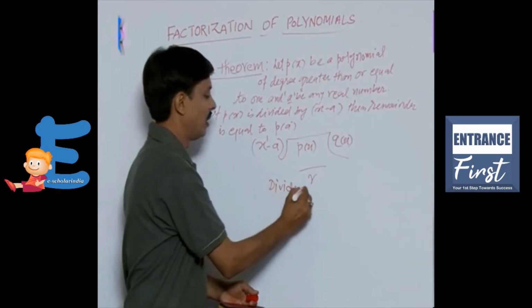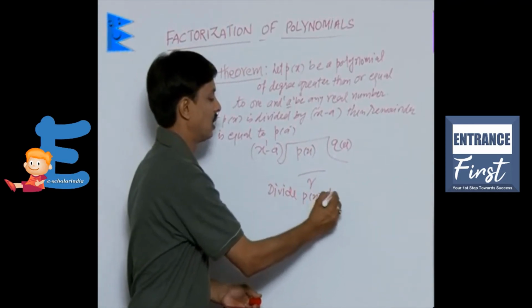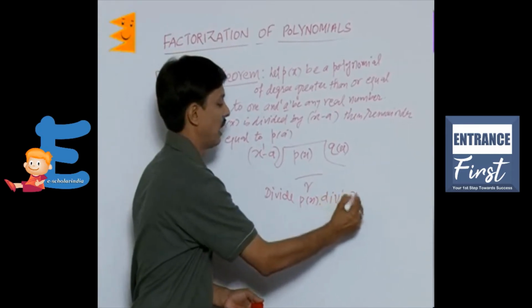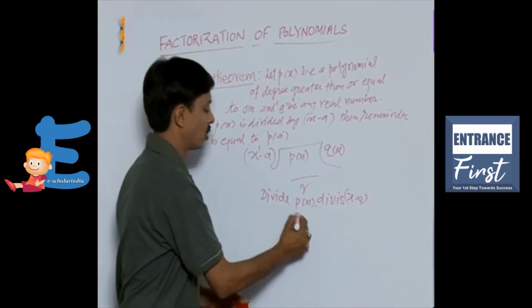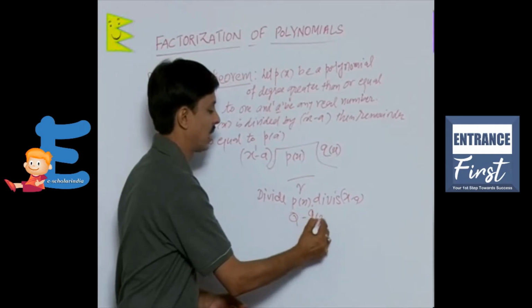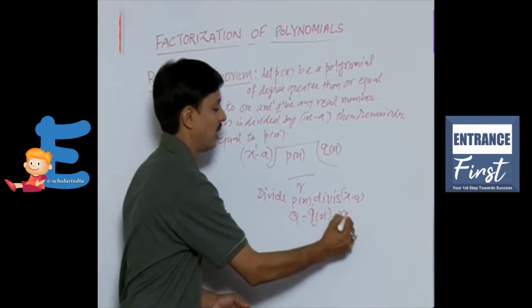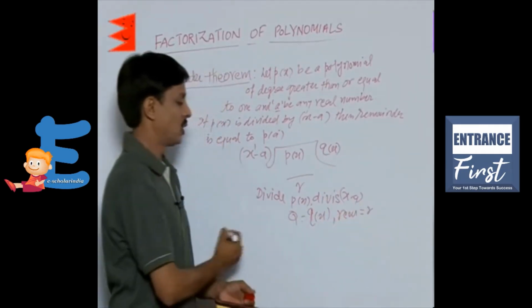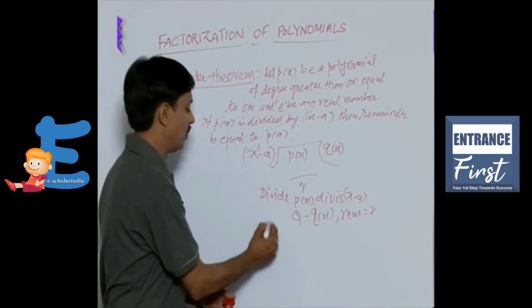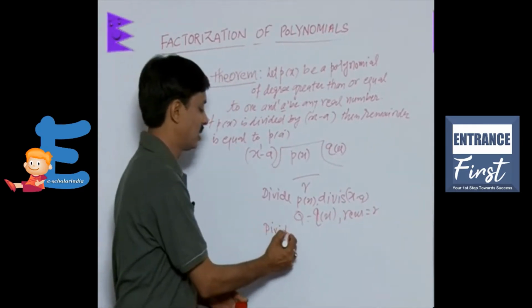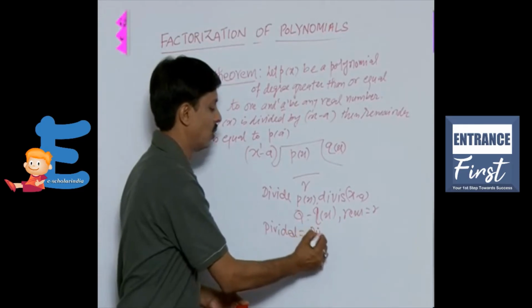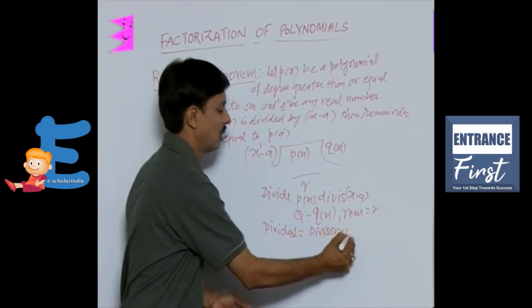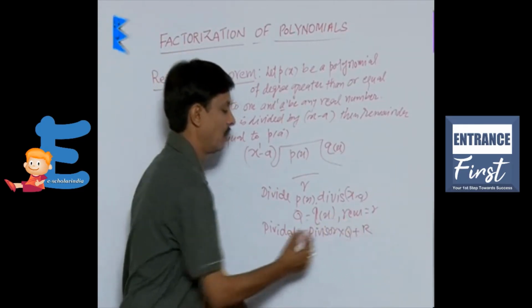Here the dividend is P(x), the divisor is x minus a, the quotient is q(x), and the remainder is r. As per the division algorithm, dividend is equal to divisor into quotient plus remainder.